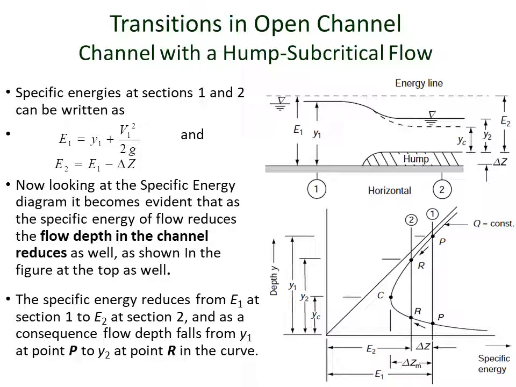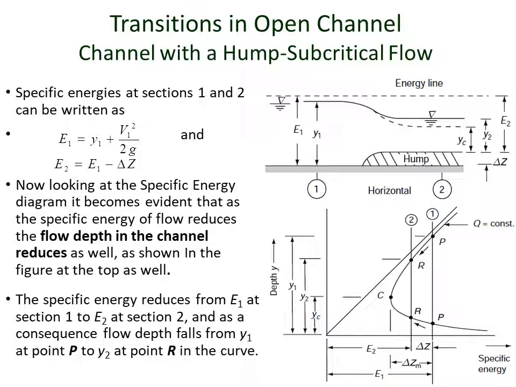As we reduce the specific energy of flow by an amount delta Z, the point P shifts to a new point R with a lesser depth, and the specific energy is reduced to a value E2, which corresponds to point R.